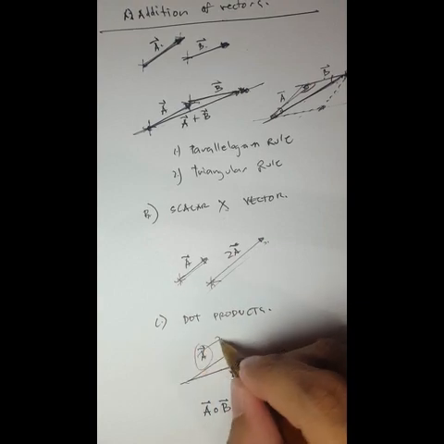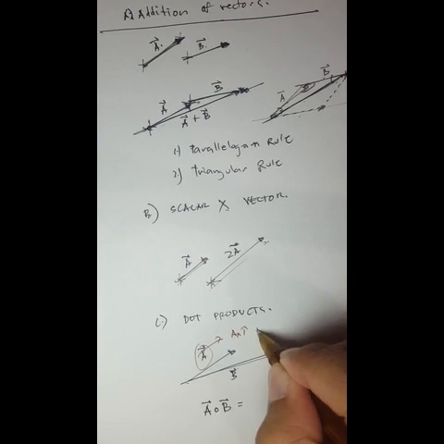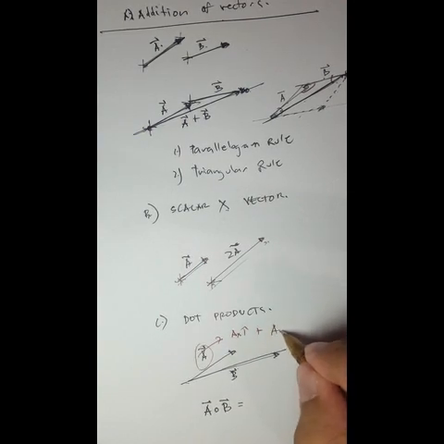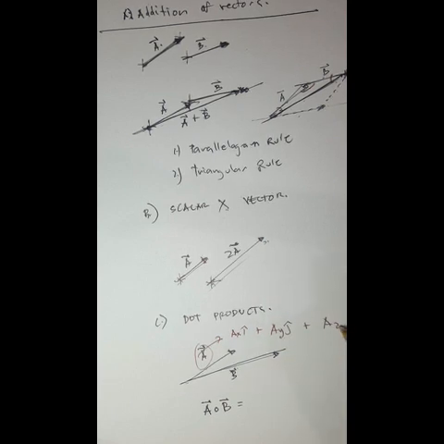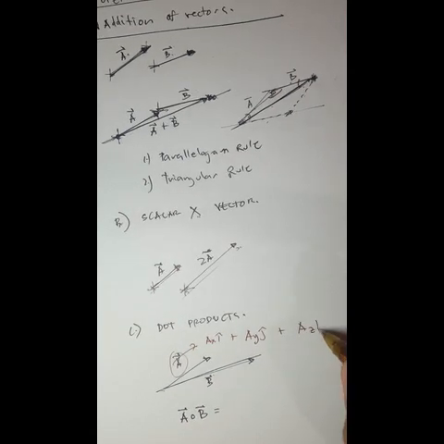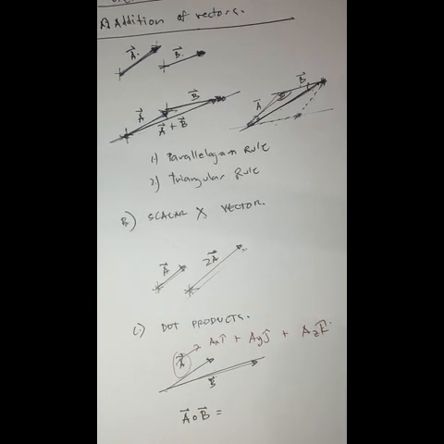Let's say this vector is ax i plus ay j along the j direction, then az along the k direction. So that's the Cartesian representation of a vector.